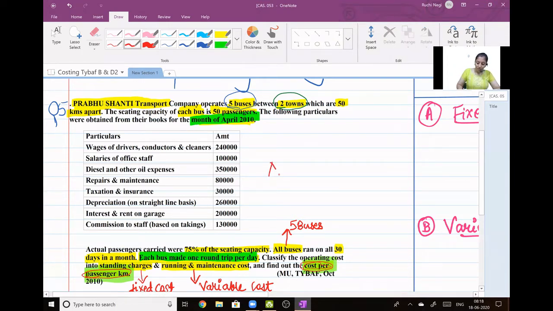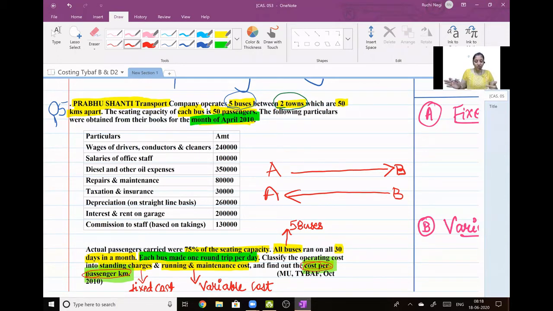Okay, so how are you going to calculate? Now this is say town A. The bus is going from town A to town B. Okay, and they are saying it's a round trip. Round trip means it will go and it will come back. Okay, so from B it will come back to A. A to B and then B to A. See the arrows I have used.